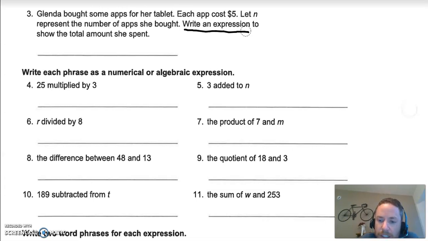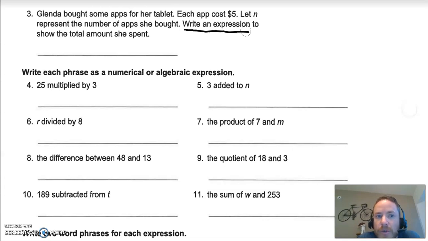So let's pretend that you were getting ready to buy some apps for your device, and they were $5 each. You bought Google Classroom, and that was $5, and then Netflix, and that was $5, and then a game, and that was $5. Well, how much did you spend? You spent $15. That's because you did 5 times 3.